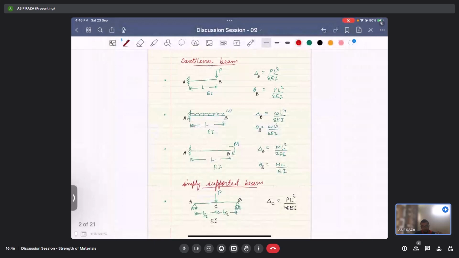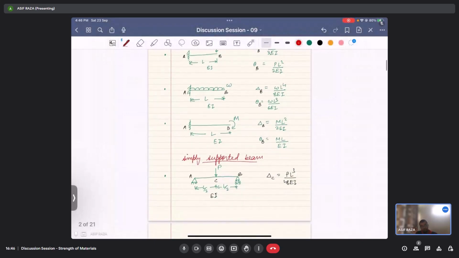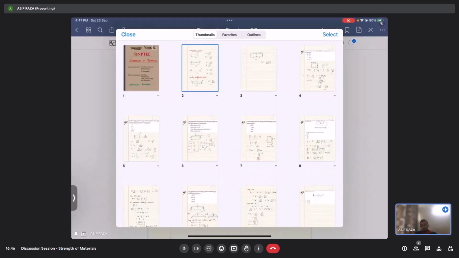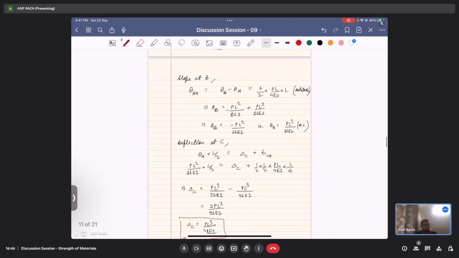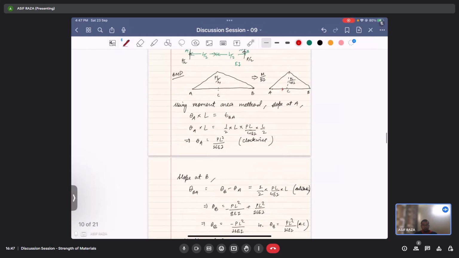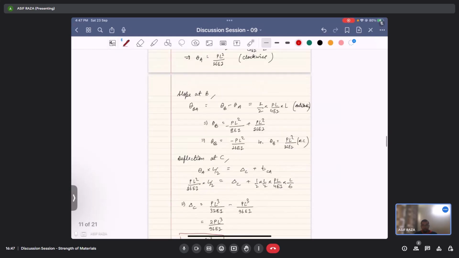This is the case of a simply supported beam with a concentrated load applied at the center, so the deflection value comes out to be PL cube by 48 EI. This is a standard one. I hope this is okay for you all. So moving on to the next question now.